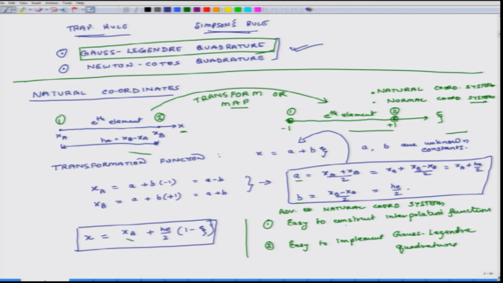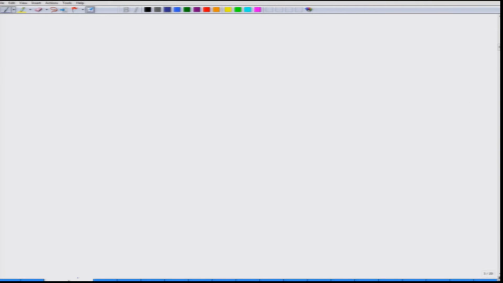Now, we will continue this discussion further. The next related topic is, we had said that it is easy to construct interpolation functions in natural coordinate system. We will see why it is so.